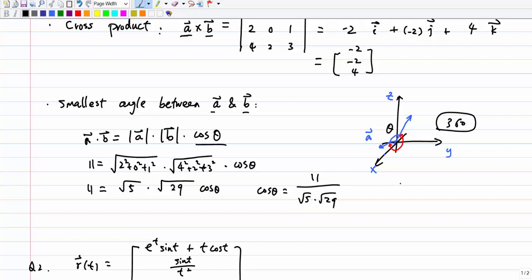Apparently this angle will be between 0 and pi over 2, which means this is the small angle, because if you do 360 degrees minus that, it will give you something larger. So the small angle will be determined by cosine theta. The theta such that cosine theta is 11 divided by the square root of 5 times the square root of 29 will be the smallest angle.